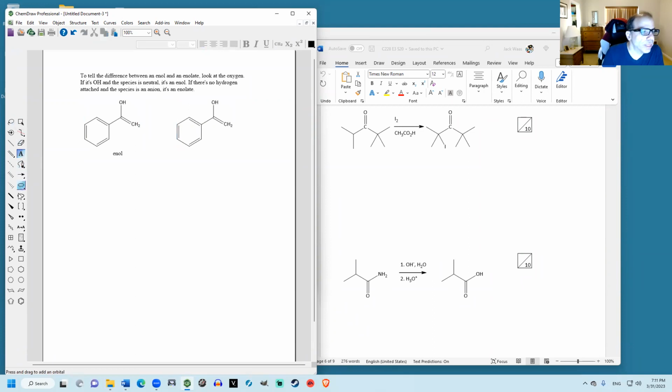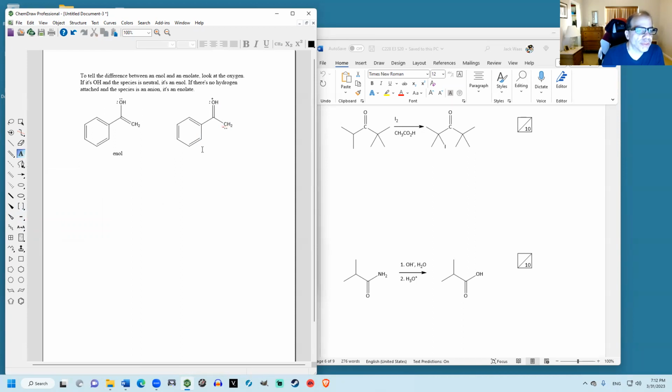You can have the other resonance form of the enol too. Minus charge on that carbon. Also an enol.